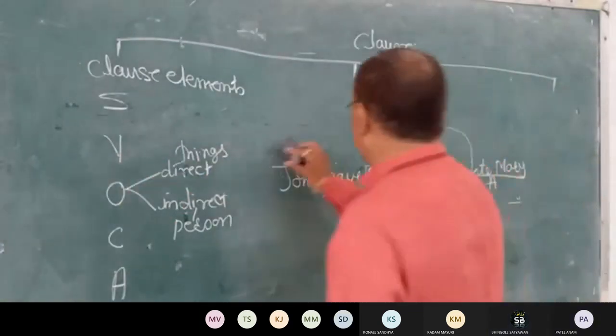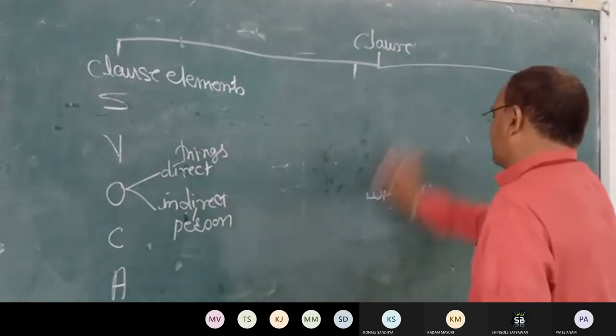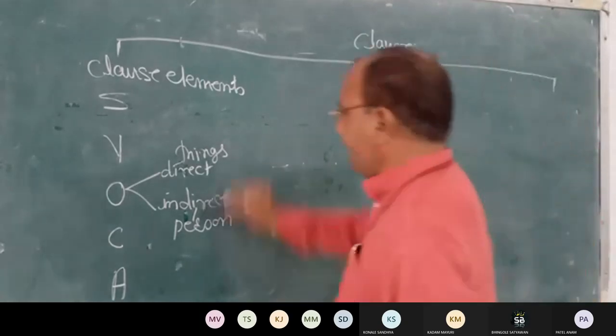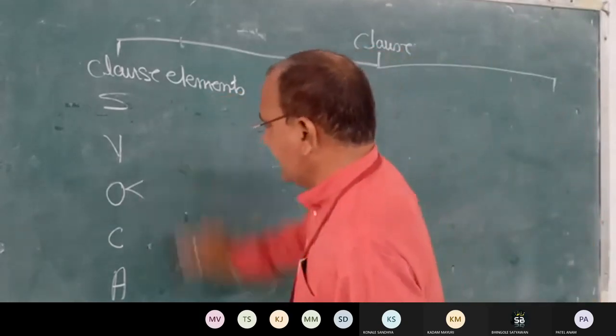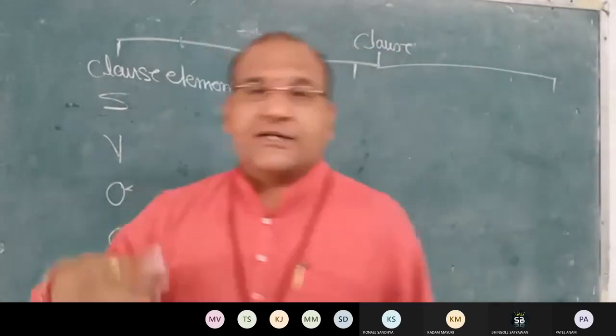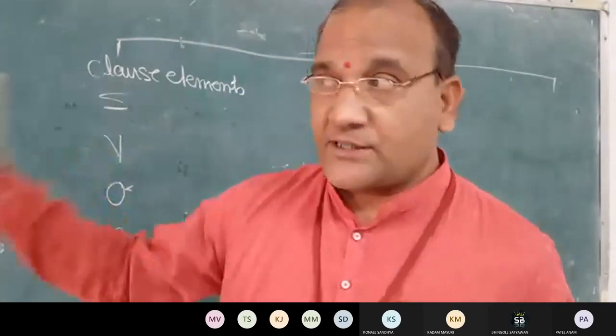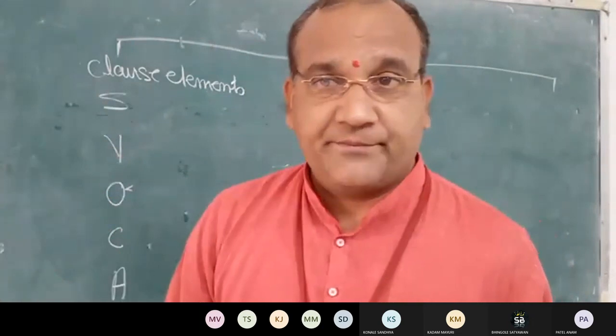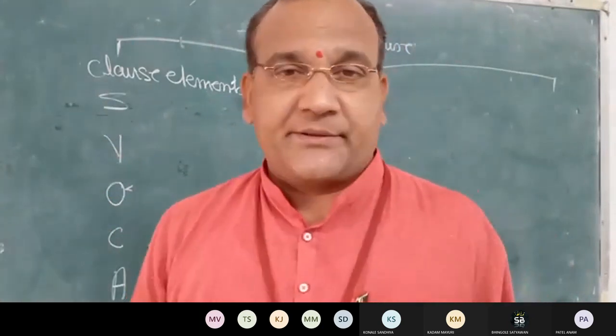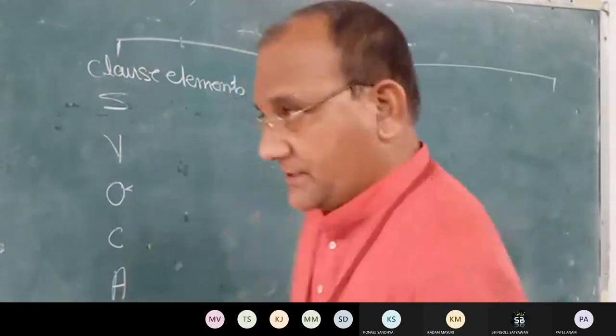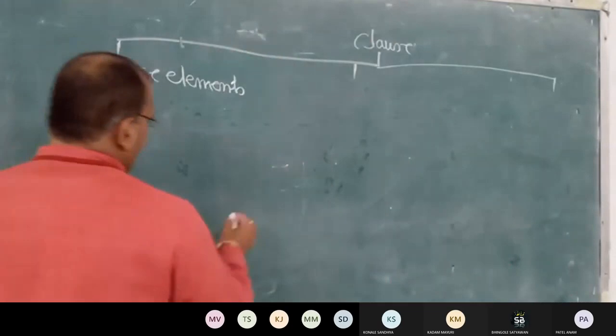Then, complement is such a unit which relates the information either to subject or to object. So it is a relative element. Complement, the spelling of that is C-O-M-P-L-E.